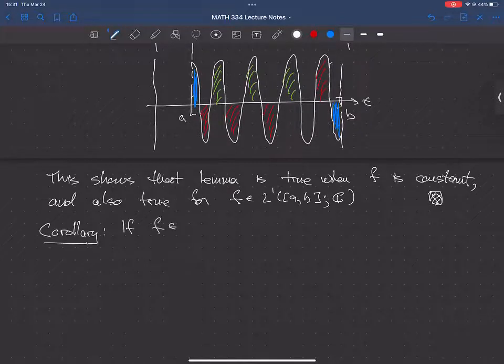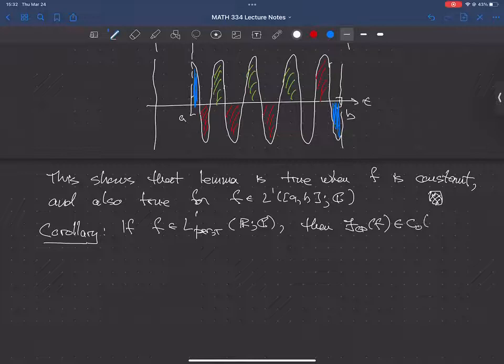So if f is in L1 per, the CDFT of f goes to 0 at infinity, but we spent some time talking about that kind of stuff. That's the space little c0.